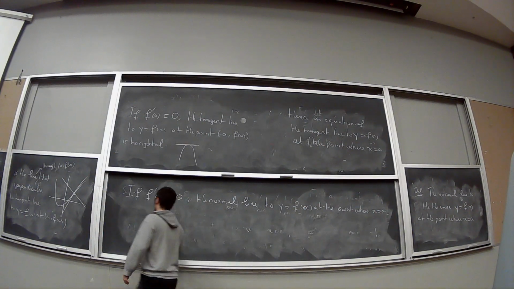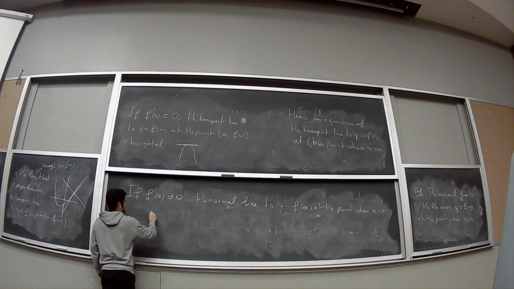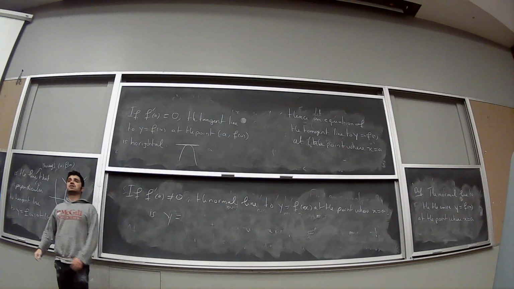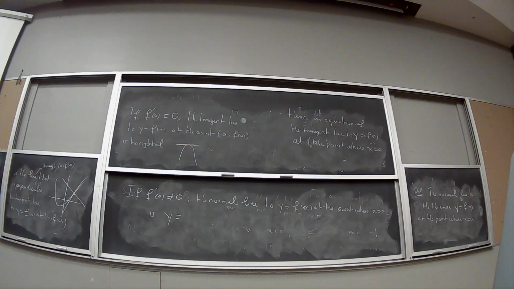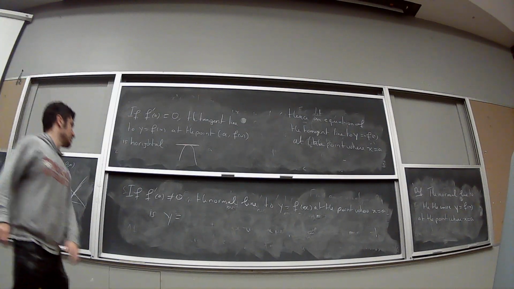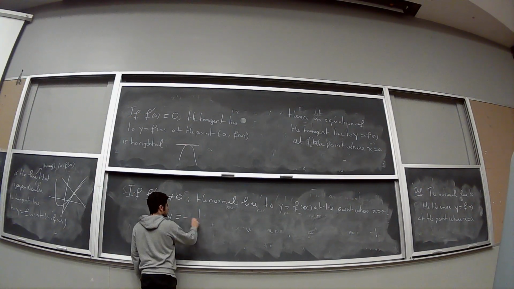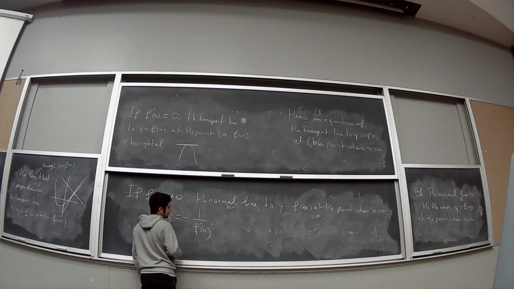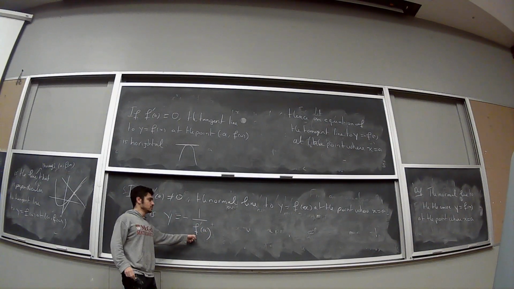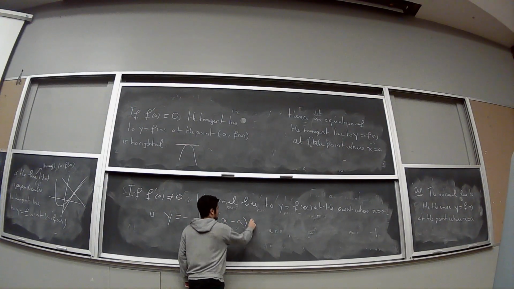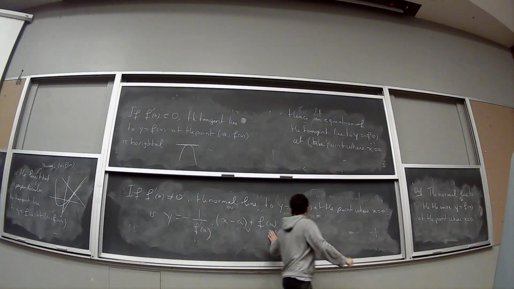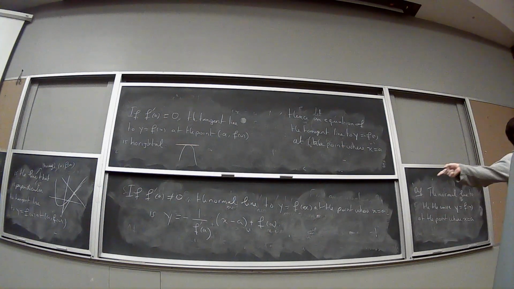So what is the slope of the tangent line? It's f prime of a, right? Now if I have a line that is perpendicular to this tangent line, what is its slope? Its slope is m, that satisfies m times f prime of a is equal to -1. You guys see that? So if m times f prime of a is equal to -1, the slope of this line is -1 over f prime of a. This is why I needed f prime of a to be non-zero. The line is y equals -1 over f prime of a, times x minus a, plus f of a. Okay, you guys see where this is coming from?